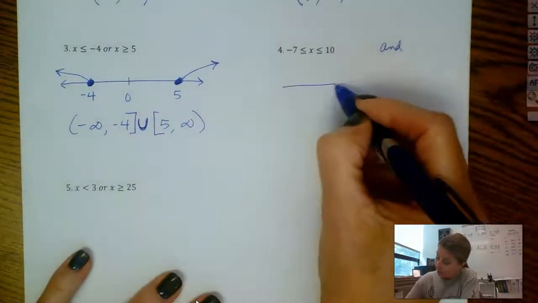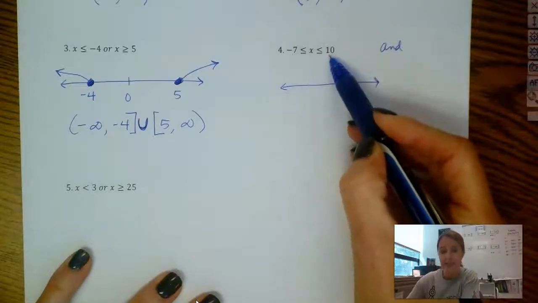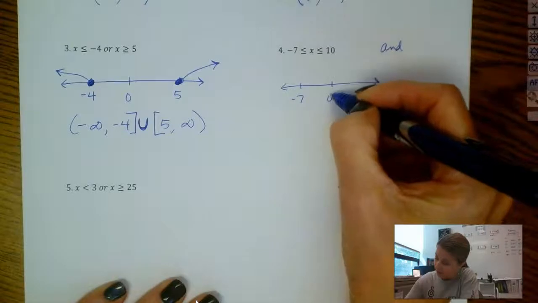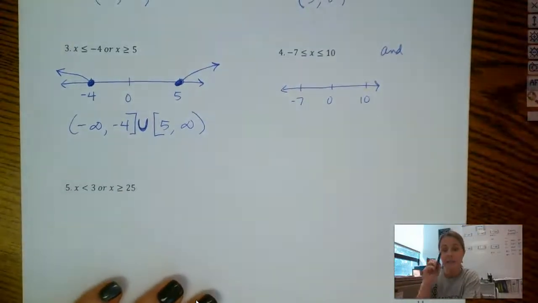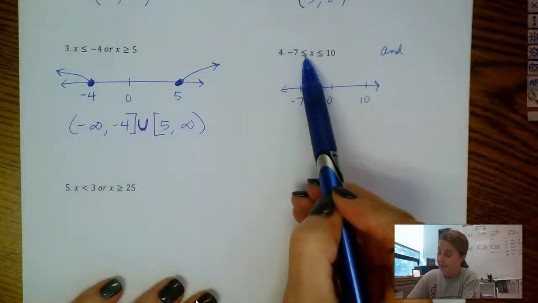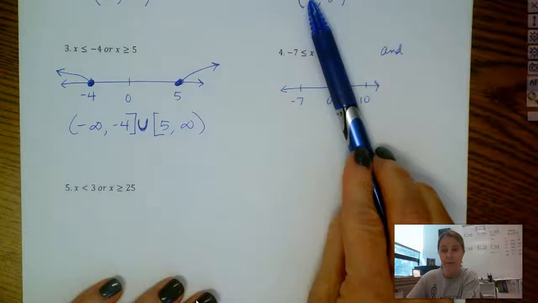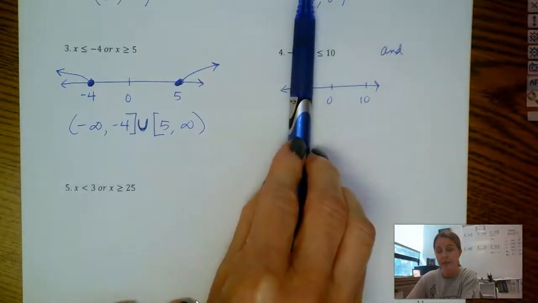Okay, number 4. So I would plot the -7 and the 10, and 0 is somewhere in the middle. -7, 0, 10. And it's going to come together. They're both less than or equal to. So if I cover up the 10 part, the less than or equal is attached to the -7. And if I cover this side up, I have a less than or equal.